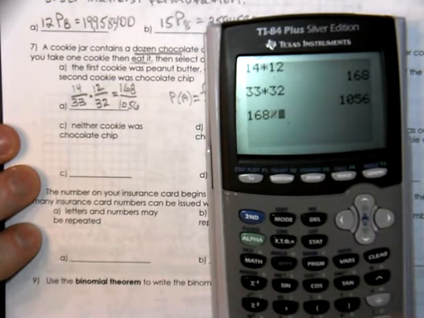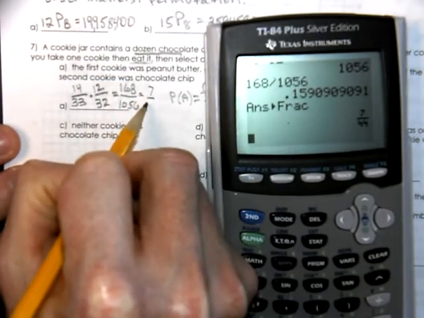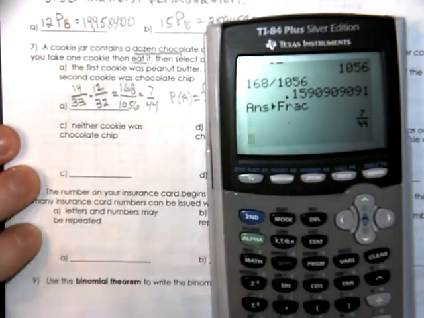And we could take those two numbers and turn those into a fraction, and we see that that is 7 44ths.